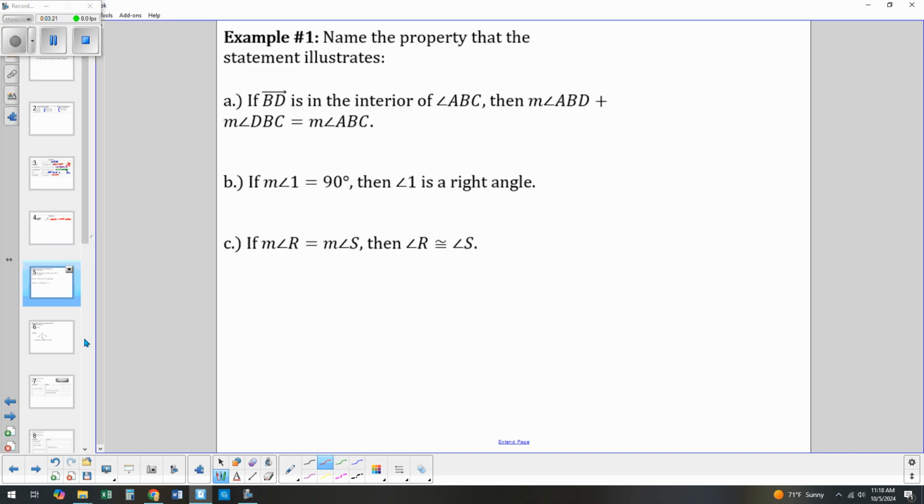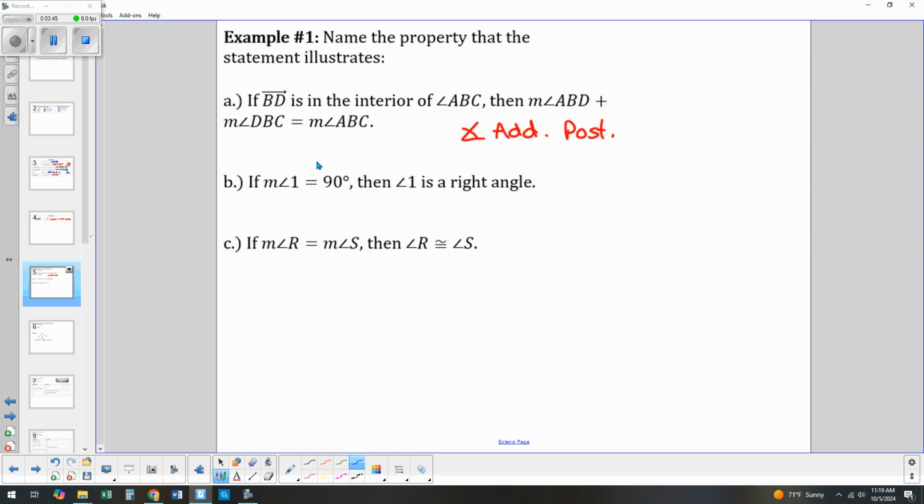So for our first example, let's just name the property that the statement illustrates. If BD is in the interior of angle ABC, then the measure of angle ABD plus the measure of angle DBC equals the measure of angle ABC. We're adding up two smaller angles to say it equals the whole thing. That's the angle addition postulate. I'm going from saying measure of angle 1 equals 90 to saying that that is a right angle.